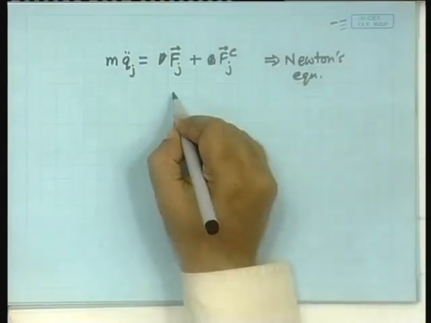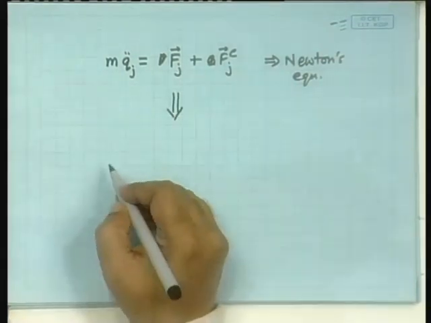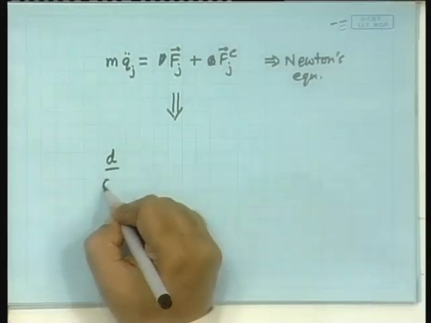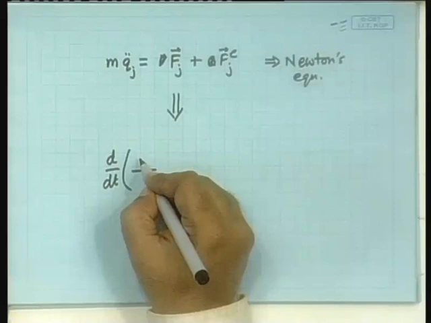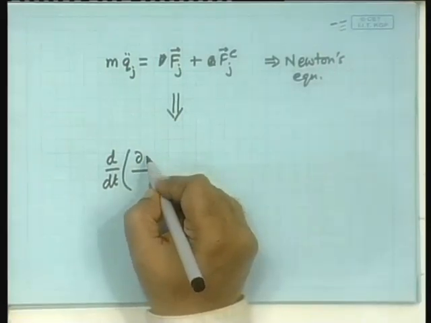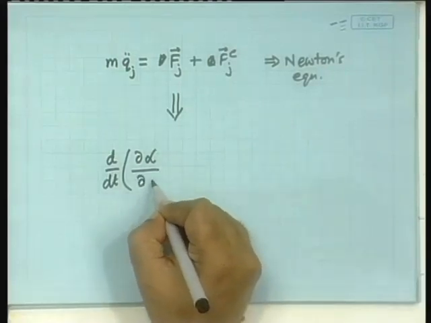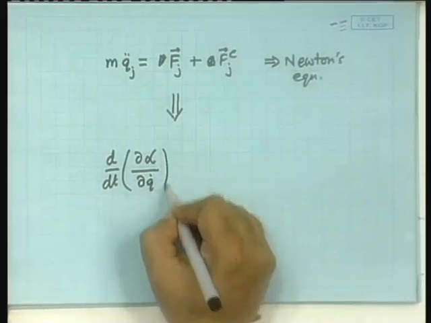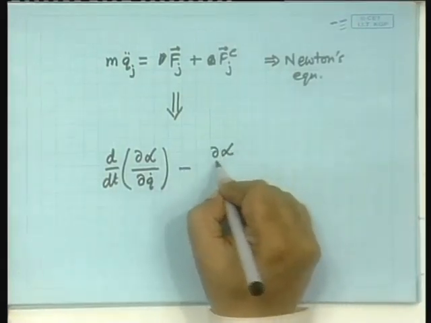So, that was one problem with Newton's equation, and from there we had obtained the Lagrangian equation as d/dt of the derivative of the Lagrangian function with respect to q dot, minus the derivative of the Lagrangian function with respect to q.